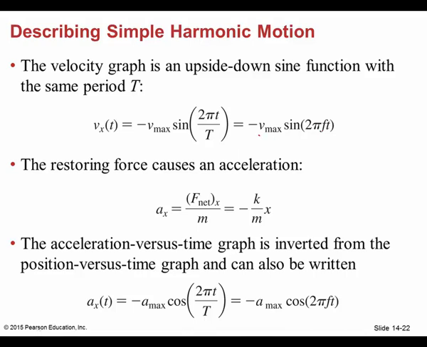Now notice at max, velocity max, what is it? It's negative times the negative velocity sine of 2 pi, the frequency times the time interval for that particular time interval, okay? All right. And then, of course, the restoring force is what? Well, it's that right there, y'all.